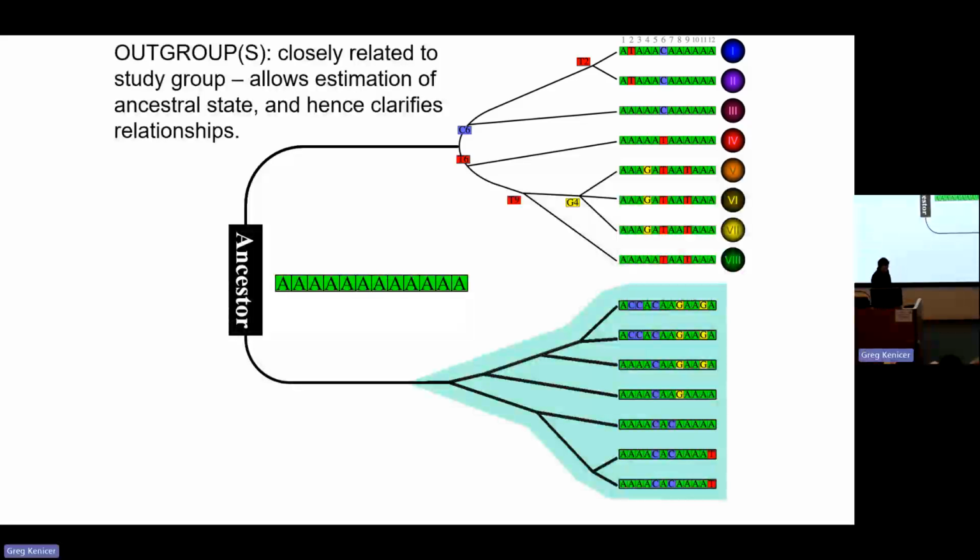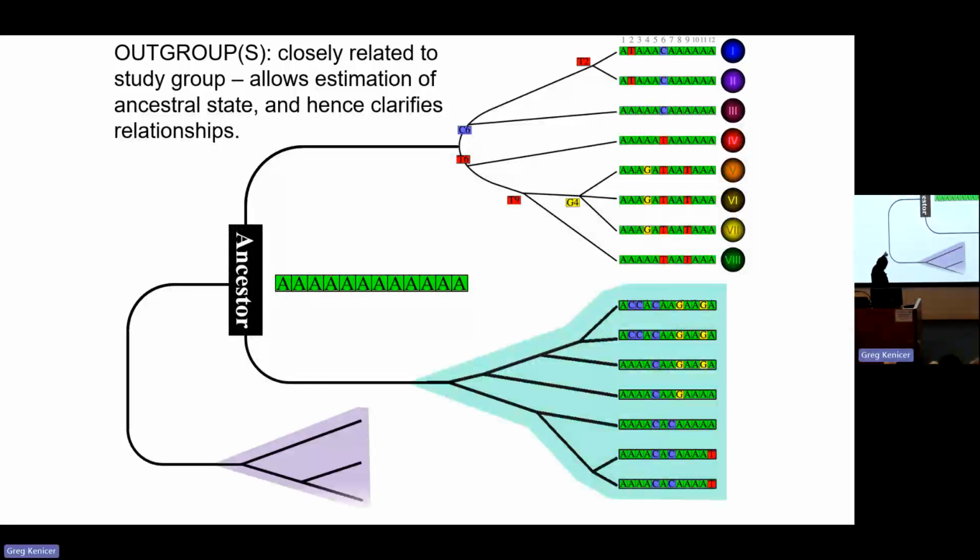If you go back further, you may be able to strengthen it further by looking at the next most closely related group as well. These are called outgroups, outside of the main study group, and they allow you to put a direction on all of the changes that have happened in the DNA.